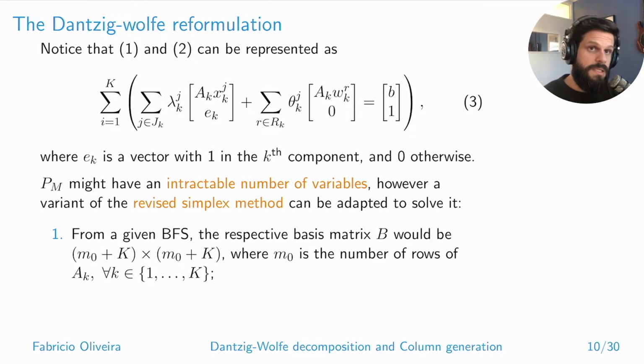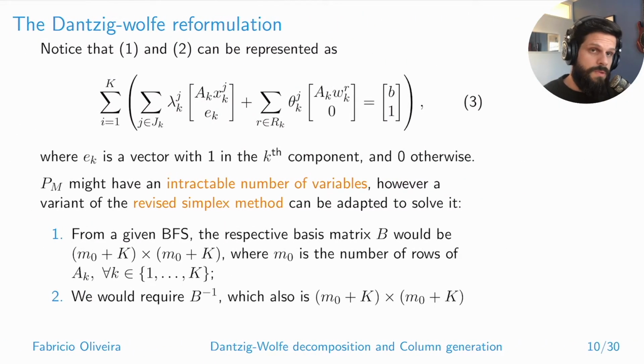That's the basis, or basic matrix, for this. The other thing you would have to calculate, thinking about solving this with a simplex-like method, would be the dual variables, which you use to calculate reduced costs and to test for unboundedness. Of course, it would require BM inverse, which is this size as well.